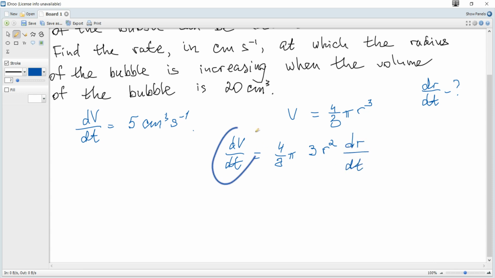The same rule applies here: V to the power 1 has derivative V to the power of 0, which is 1, multiplied by dV over dt, and that's why it's just dV over dt. Or you may just remember, if there is just V without any power, the derivative is just dV over dt.